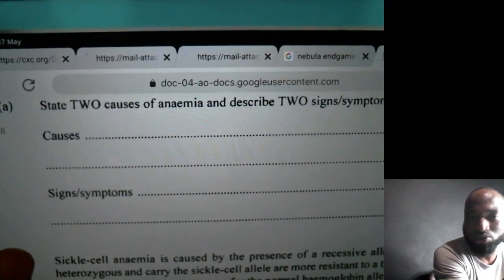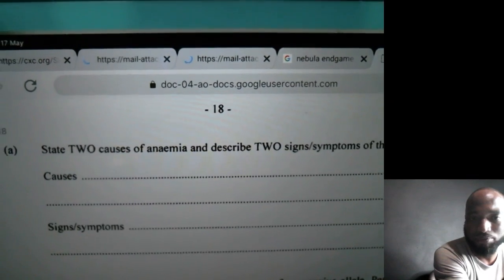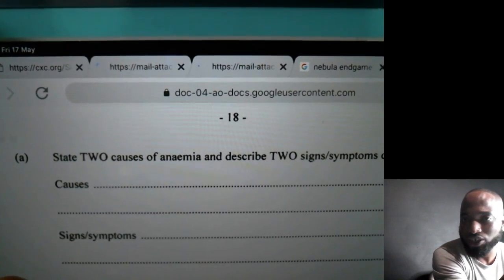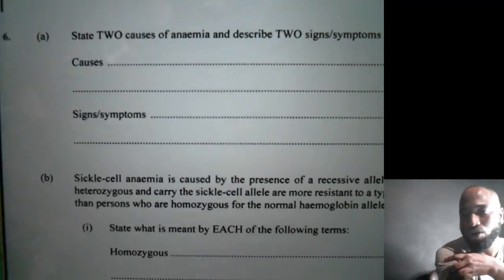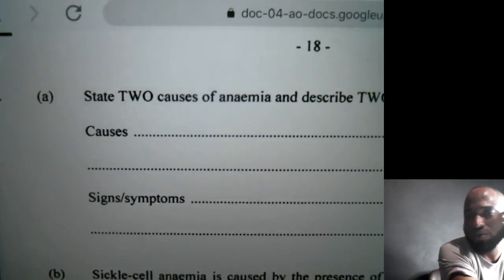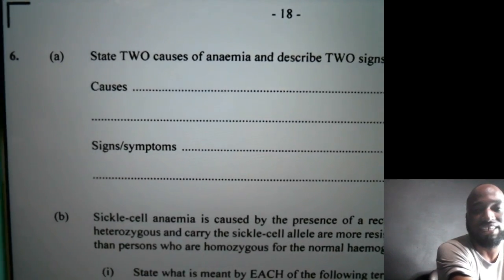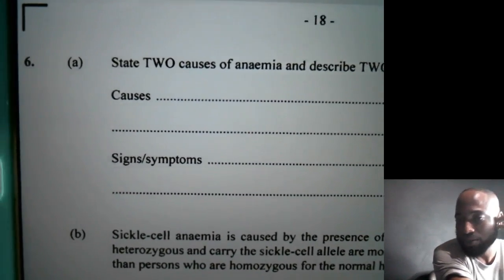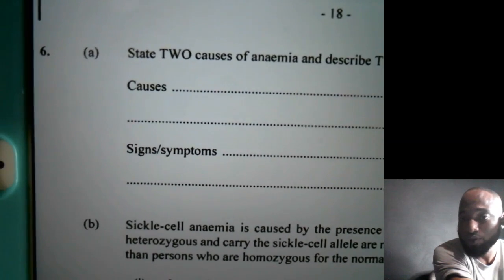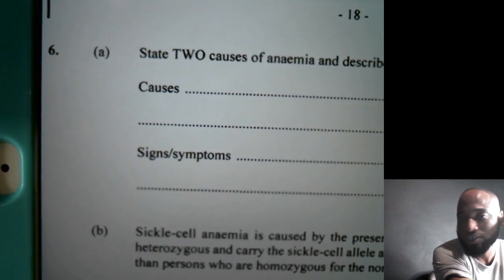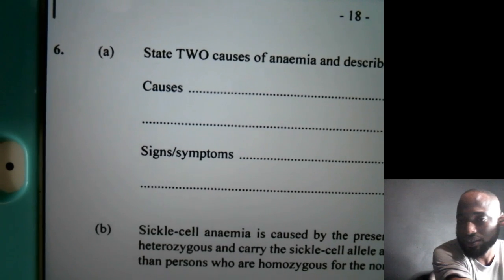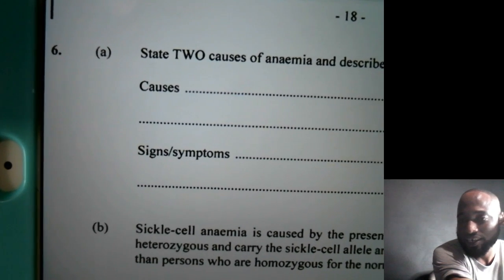Right, so state two causes of anemia and describe two symptoms. So causes: red blood cells becoming sickled, or was there another cause? Notice they didn't say sickle cell anemia in the beginning, they just said anemia. Anemia can be caused by heavy menstrual bleeding, or a shortage of iron, low iron in the diet, yes.